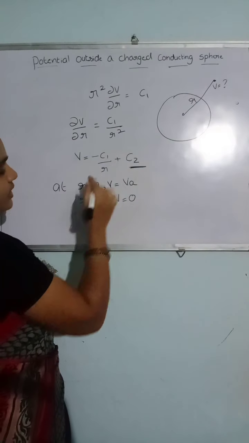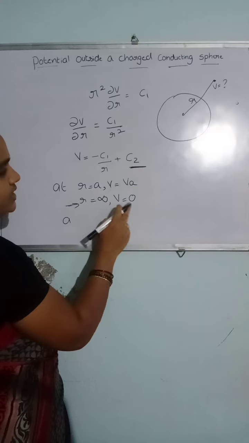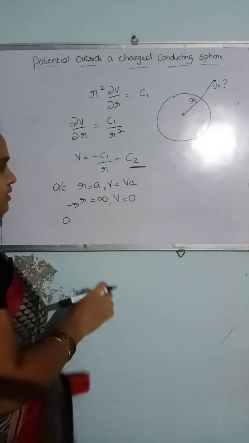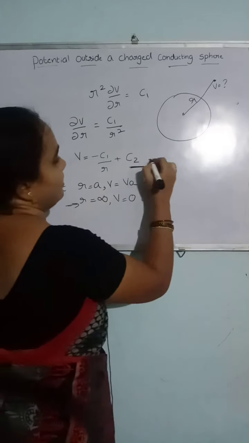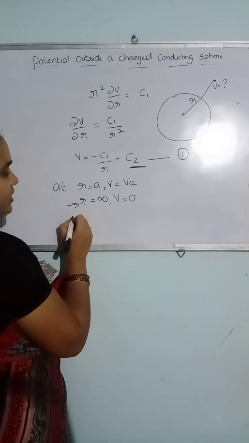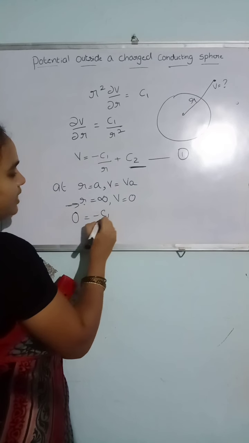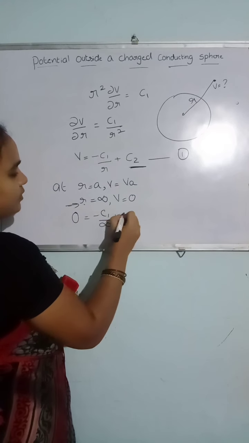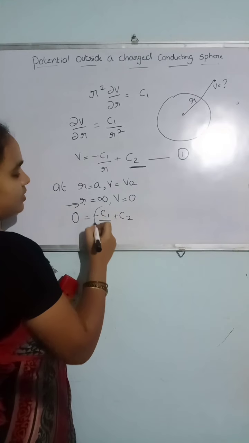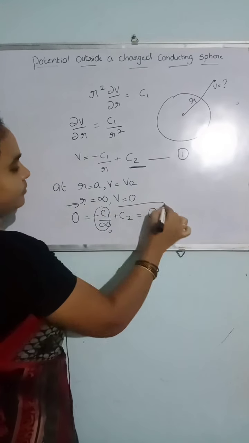So what is the second boundary condition? At r is equal to infinity, V is equal to 0. Then the first equation, due to this second boundary condition, V is equal to 0 minus c1 by infinity plus c2. That is, this total value is 0. Then c2 is equal to 0.